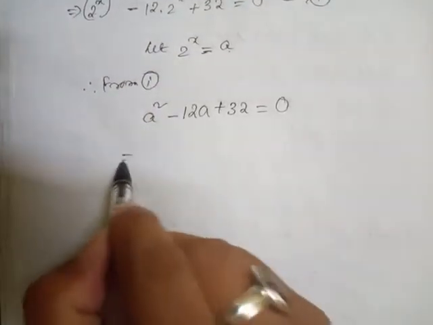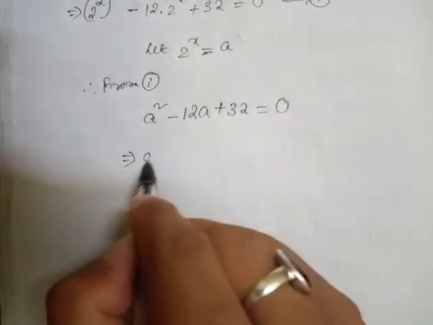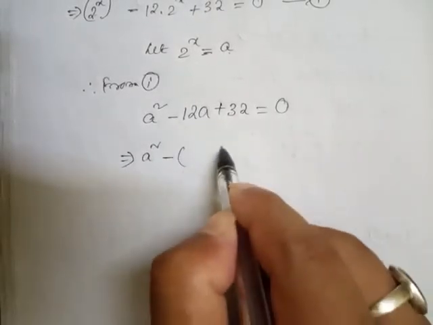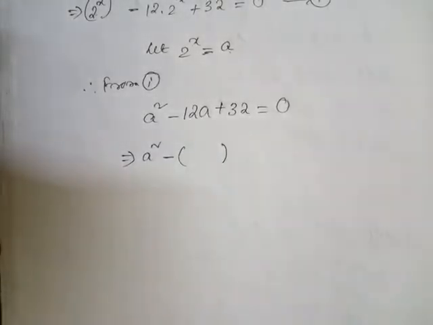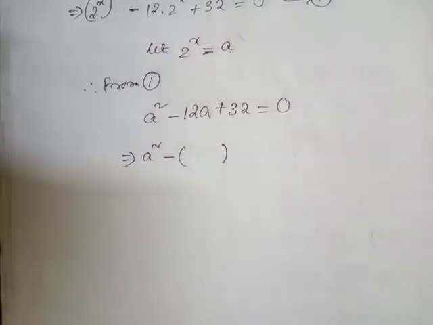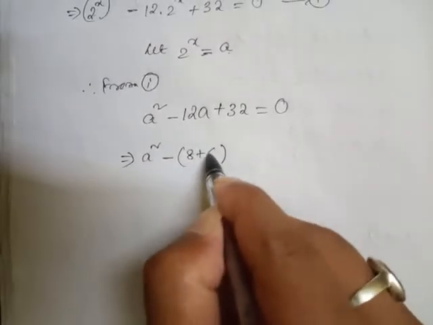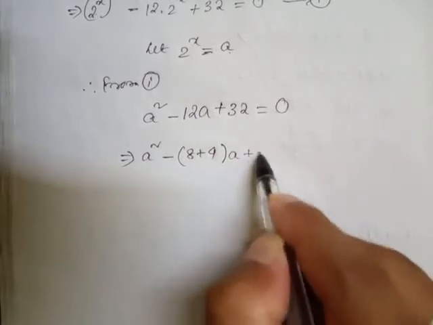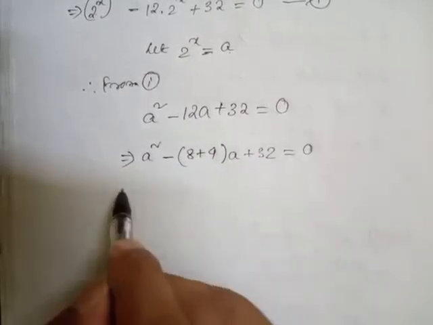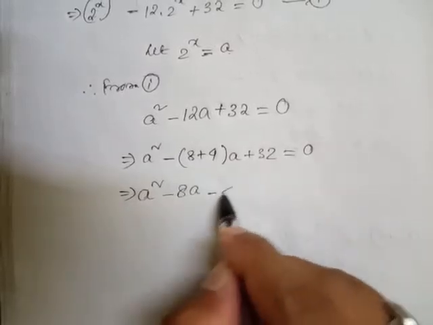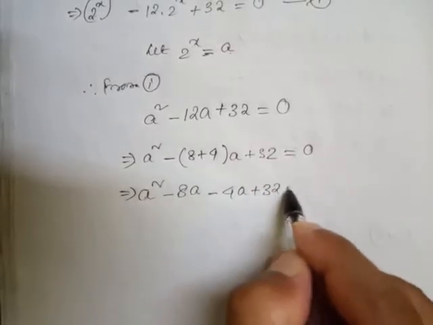Look here student, there is 32 and there is a squared, so 12 I will put here in some value in such a way so that if I add this we'll get 12, and if I multiply we'll get 32. So 8 plus 4 is 12, and 8 fours are 32. Now next one, a square, then 8a minus 4a plus 32 equal to 0.